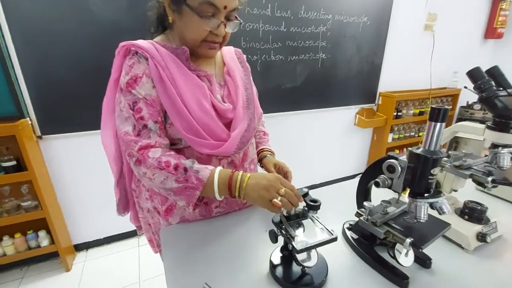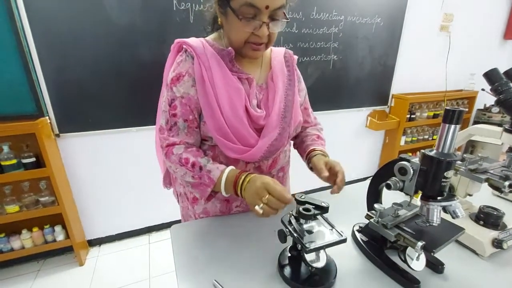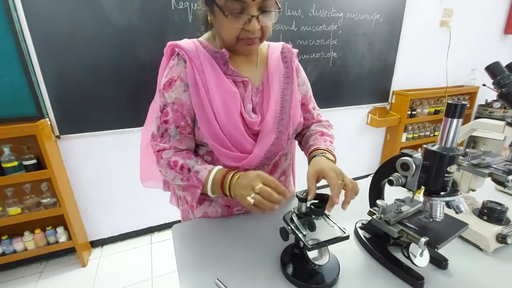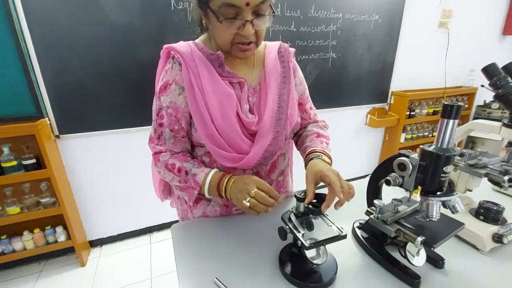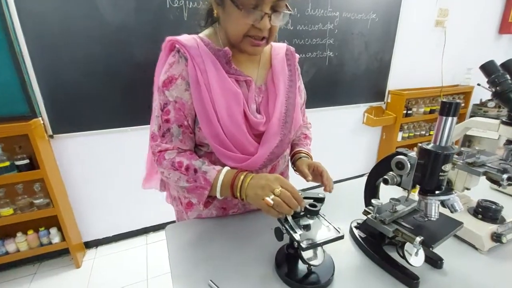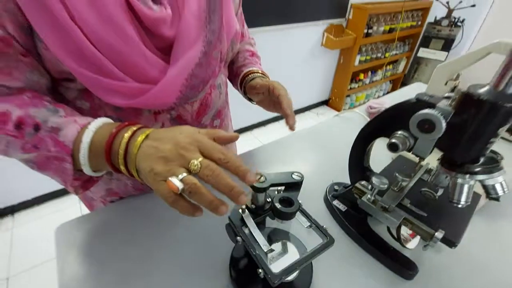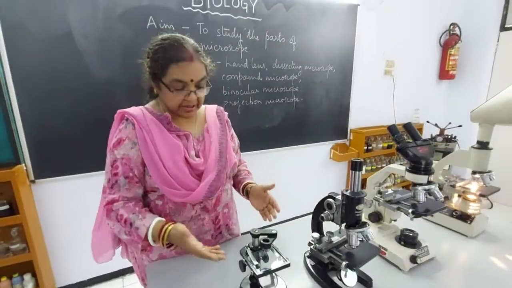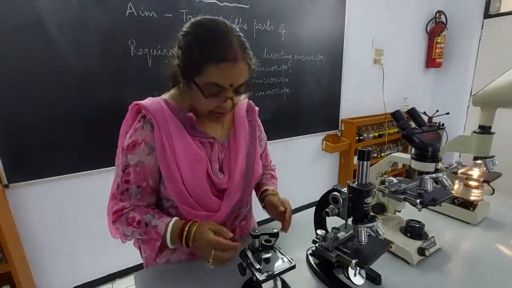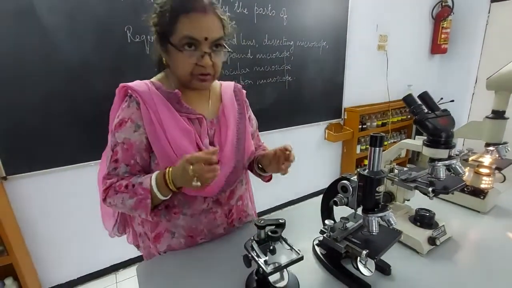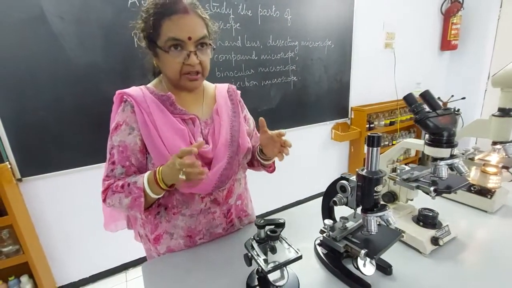Then we have this type of lever in which there is an opening in which we keep the eyepiece, the eye lens. It is written here, children, 10x, which means that this lens can magnify an object 10 times. So when you keep it here and look through the eyepiece, you keep your eyes above it and take a good, sharp focus.